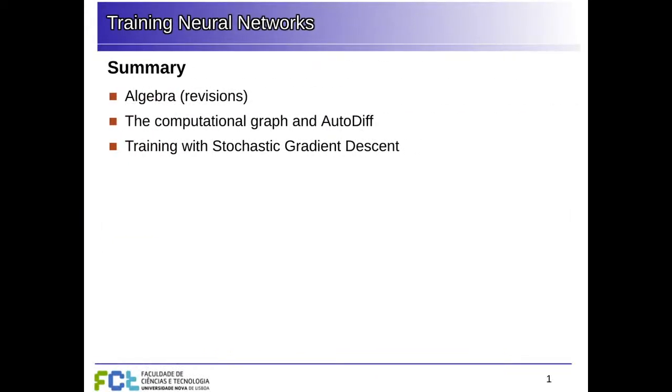I'm going to give a brief revision on basic algebra operations that we're going to use, and then talk a bit about how TensorFlow works at the lower level, the computational graph, the way auto-differentiation is computed to allow us to do backpropagation, and then how training with stochastic gradient descent can be optimized, and some variants on how to do this training. And then after the break, we're going to start with TensorFlow and looking at how to actually implement these things and get them to work.